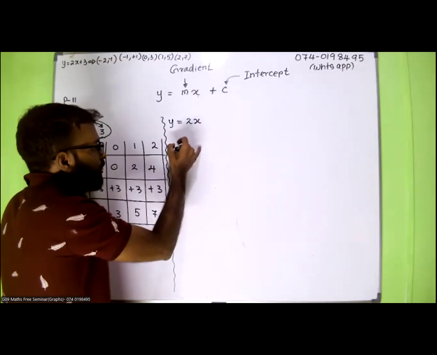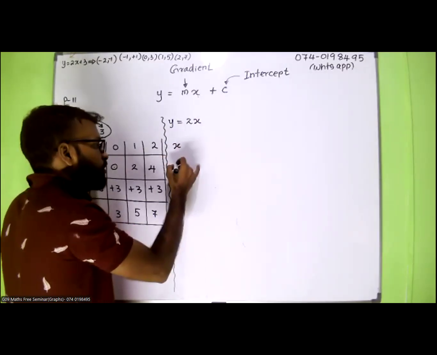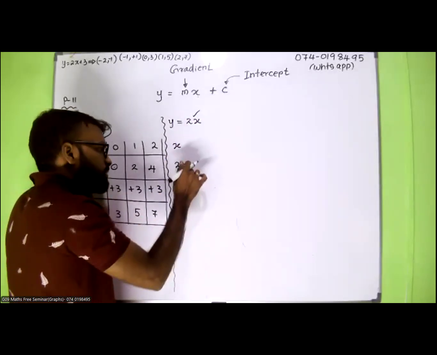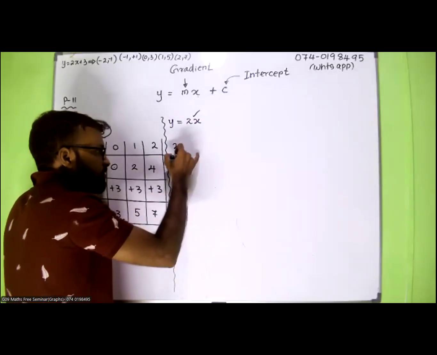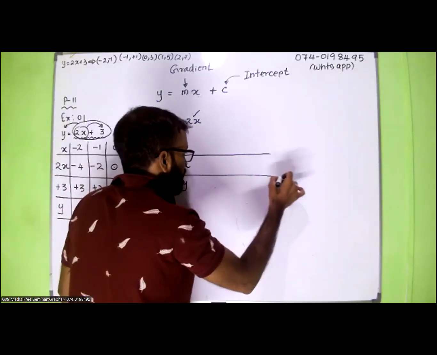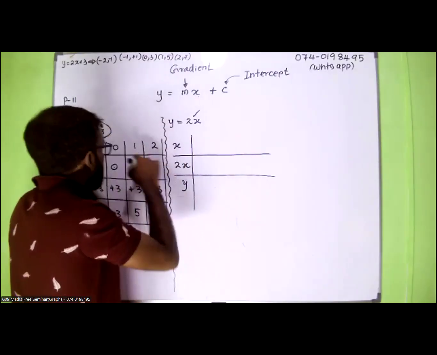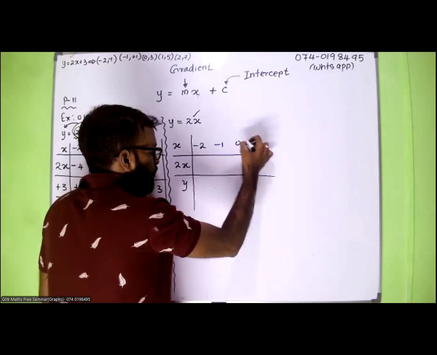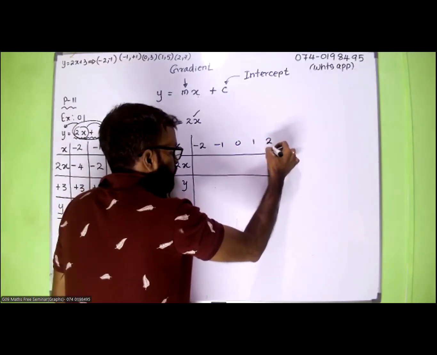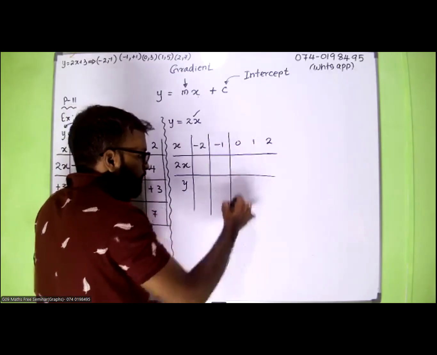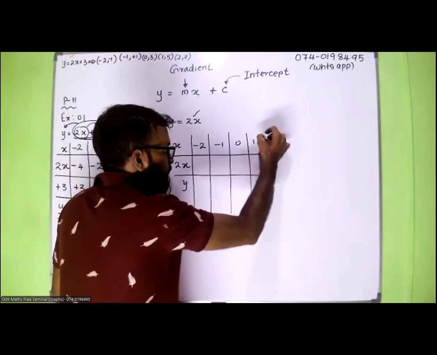Now I am going to prepare my table. X. Next we have 2x. Then this equals y. The x value range is the same because we have decided it already. X is minus 2, minus 1, 0, 1 and 2. So we are going to fill this table.